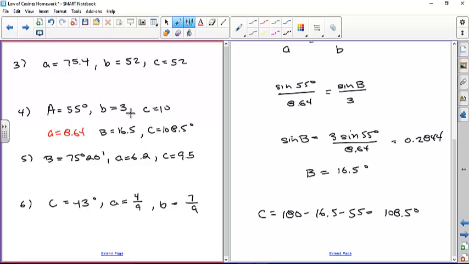And again, what we should see is that as these angles get smaller, the length should get smaller. So the highest angle has the highest length, the next angle has the next highest length, and the smallest angle has the smallest length. And again, you could have used the law of sines and cosines. You could use the law of sines to find C if you wanted to. You'd still get 108.5.